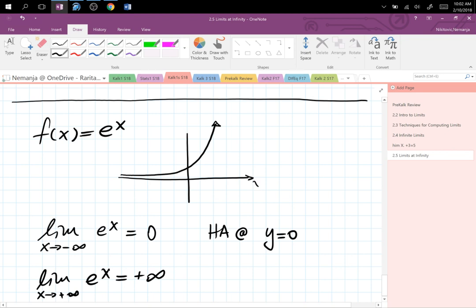What is it? Is it a horizontal asymptote? No. Is it a vertical asymptote? Yes or no?